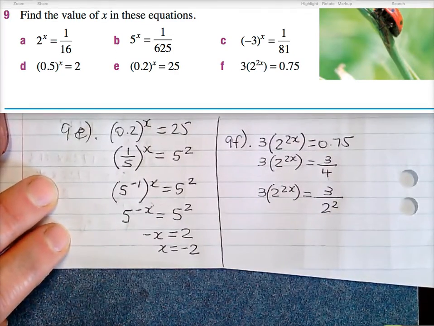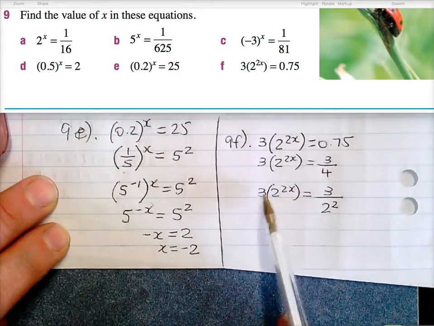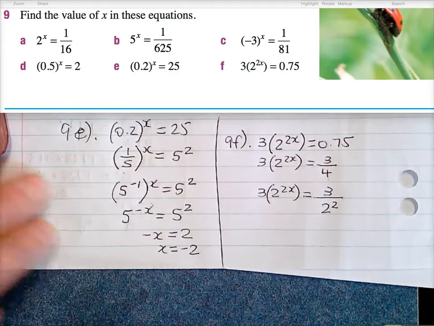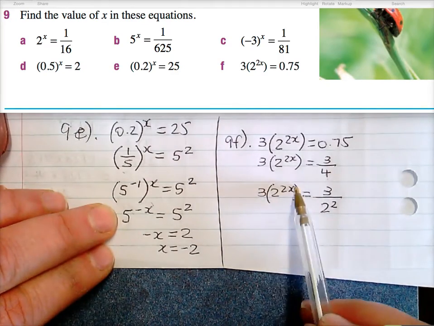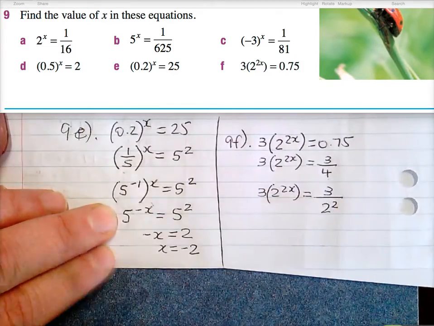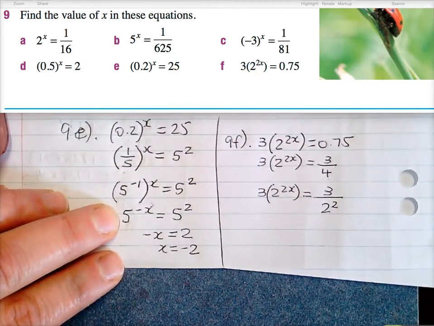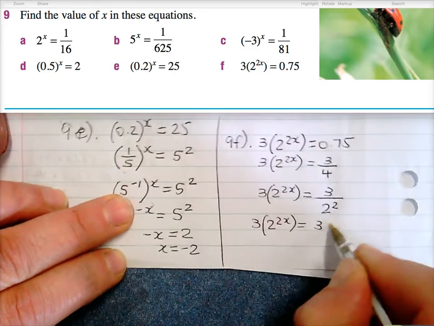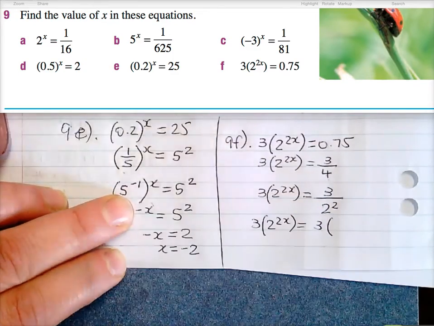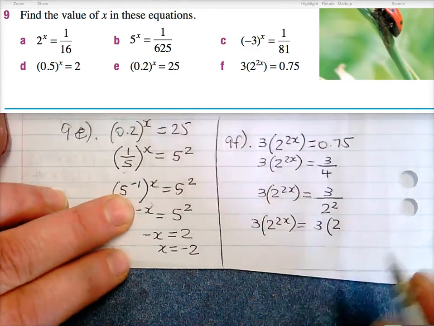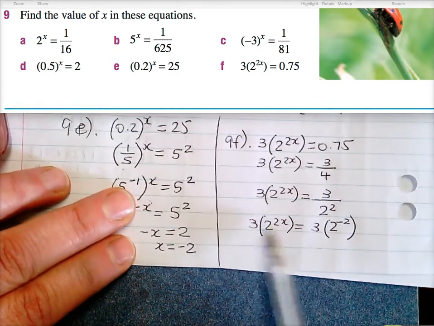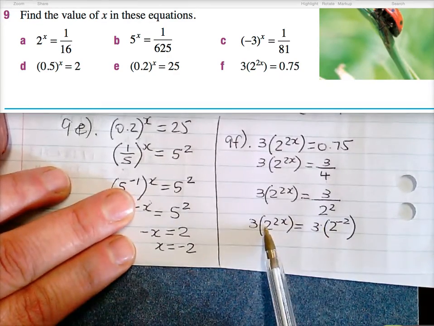Why do you think I did that, girls? Because the other side's got 3's and 2's as bases. This one needs 3's and 2's. Girls, I've got 2 to the power of 2x over here, but my 2 to the power of 2 is on the base on the other side. I want to move that up there. What do I do? Good. So that's the same as 3. And if I bring the 2 squared up, it becomes 2 to the power of what? Negative 2. Now, girls, let's compare. The 3's are the same. 2's are the same.